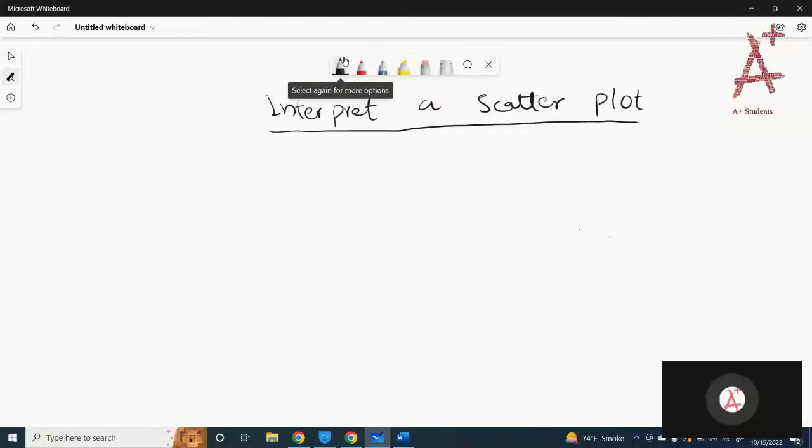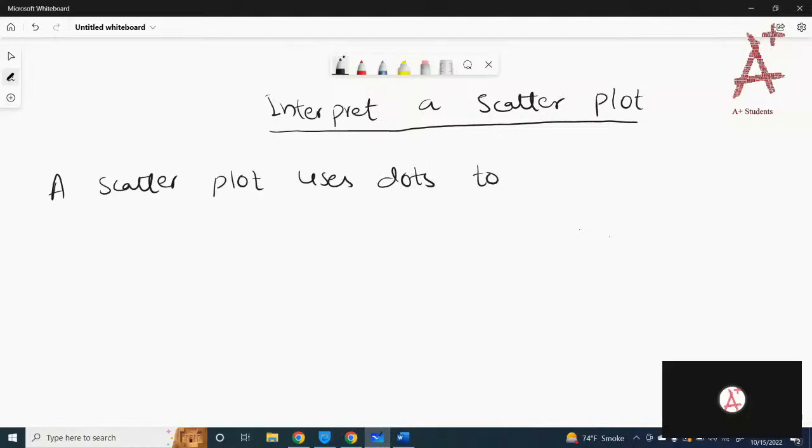Okay, so basically what are scatter plots? You can note down the definition. A scatter plot uses dots to represent values for two different numeric variables.